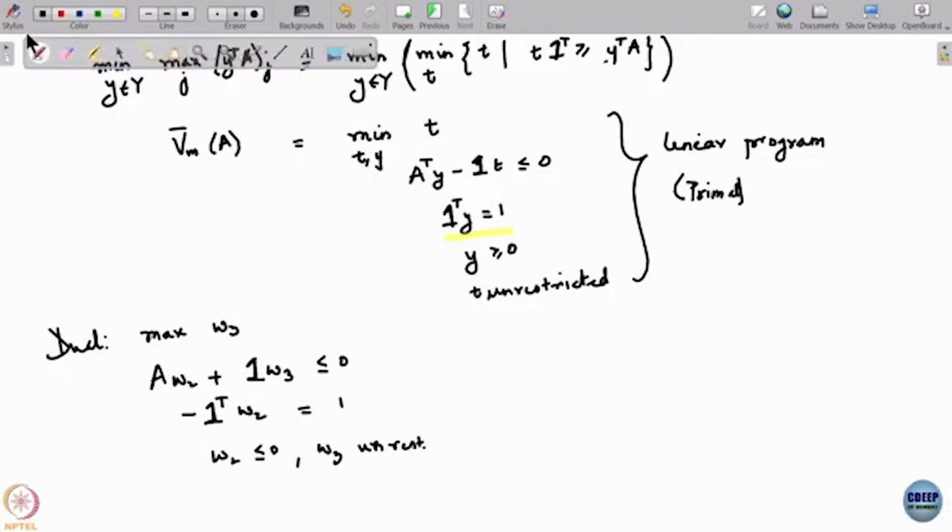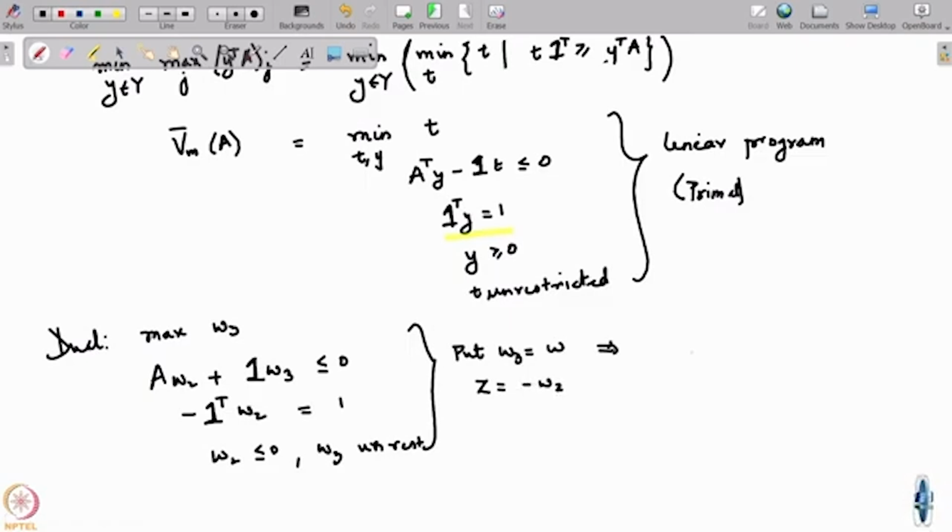Now, all I need to do is a small change of variables. Let us denote W3 by W. And let minus W2 be Z, equal to minus W2.